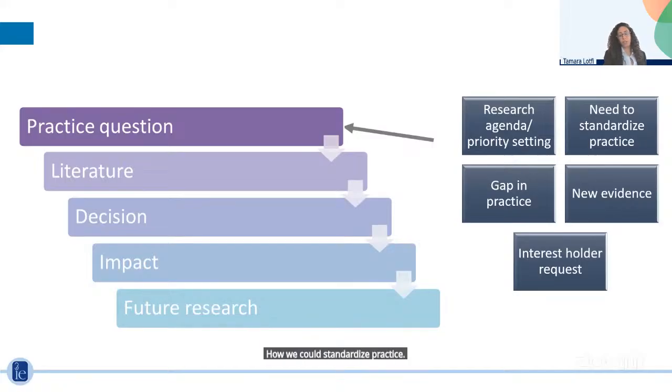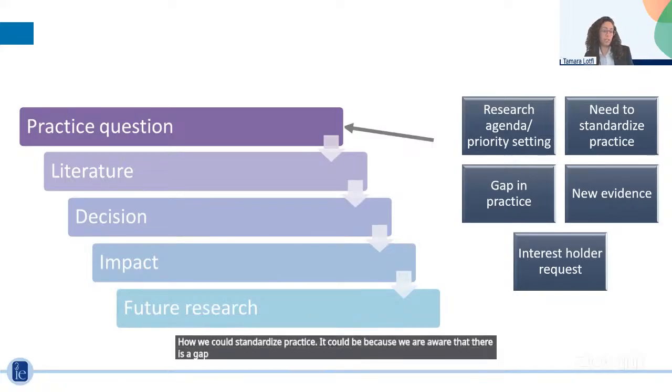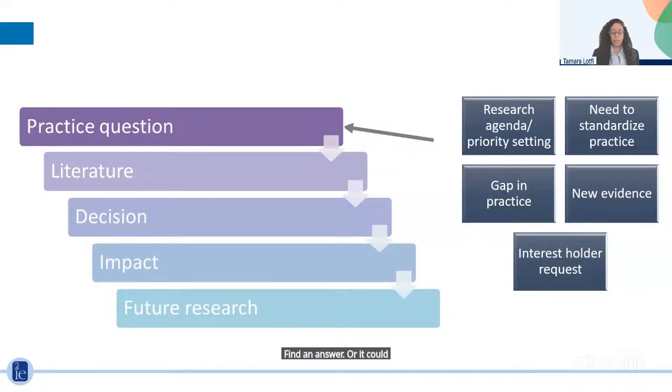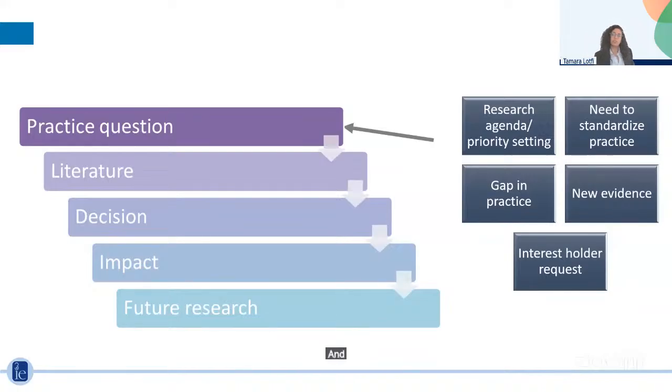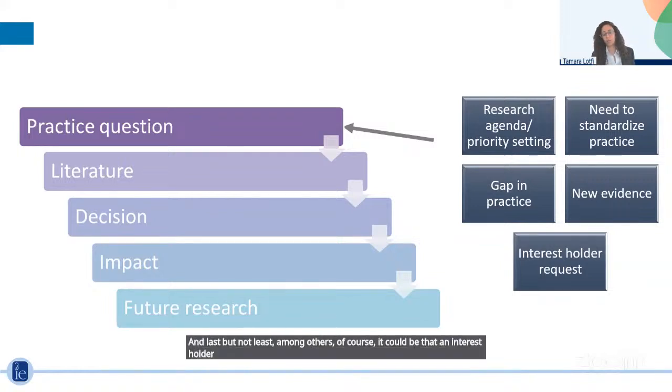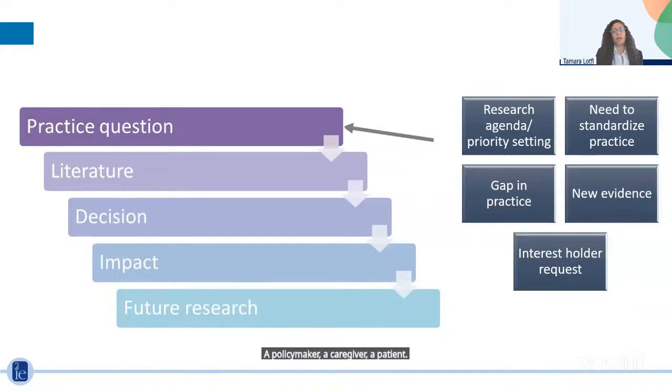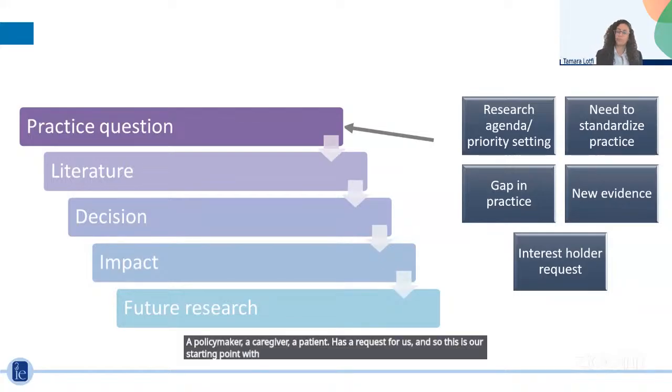It could be because we're aware that there is a gap in practice, and so we need to build a research project to find an answer. Or it could be that there's ongoing practices, but we know there's new evidence that could or not modify the way we do things. And last but not least, among others, of course, it could be that an interest holder, such as a healthcare worker, a policymaker, a caregiver, a patient, has a request for us. And so this is our starting point with the question.